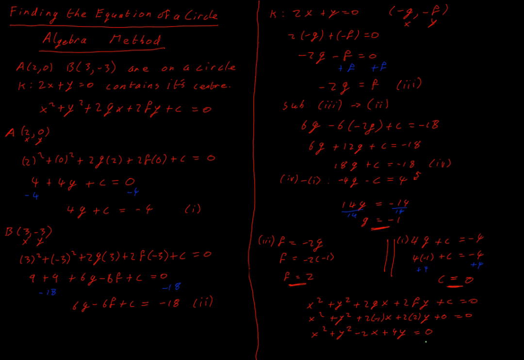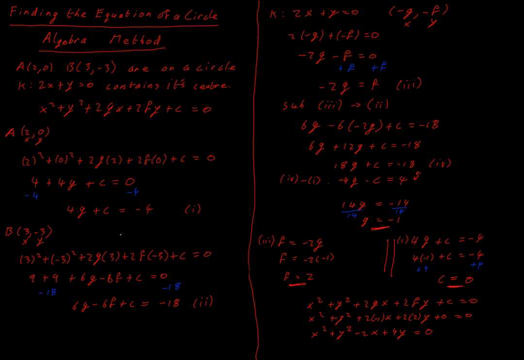So we can see how this works out, and it doesn't really matter what information they give us. We're going to be able to form 3 equations involving g, f, and c, and we're going to do simultaneous equations of one flavor or another, and we're going to use them to find the values of g, f, and c and sub them back into our equation formula.